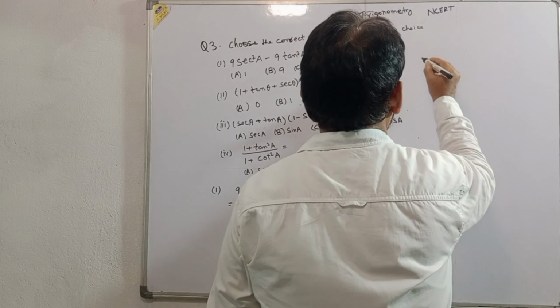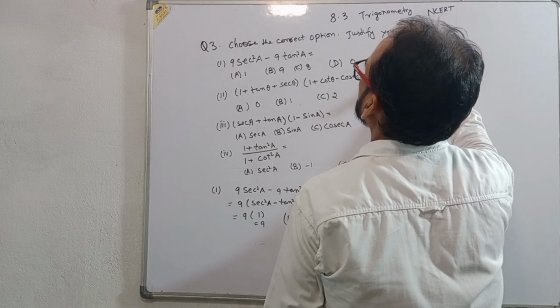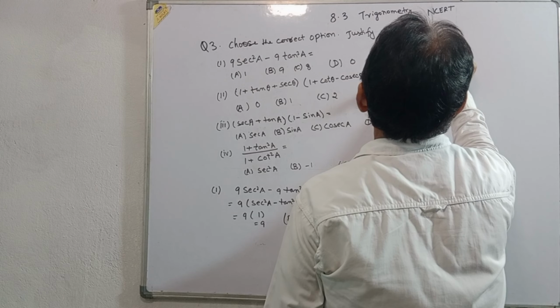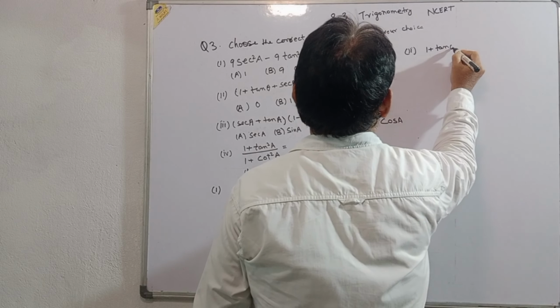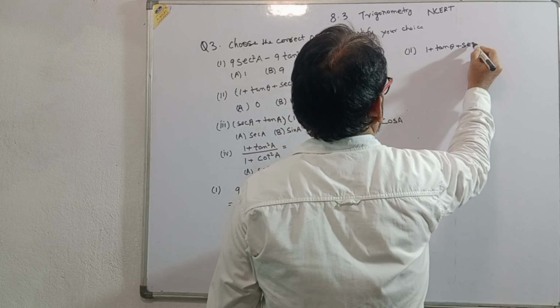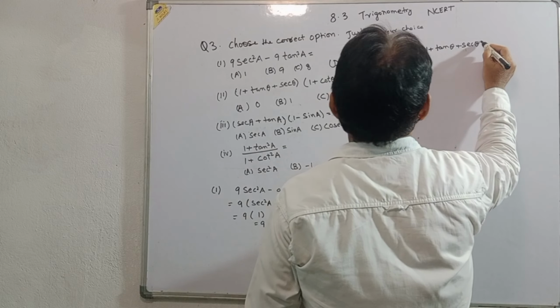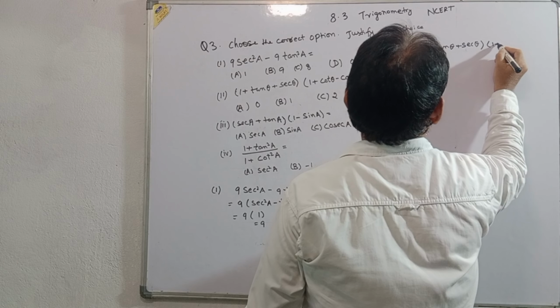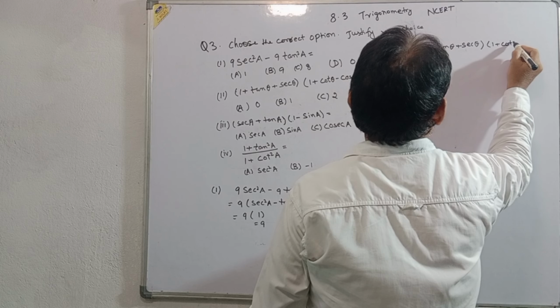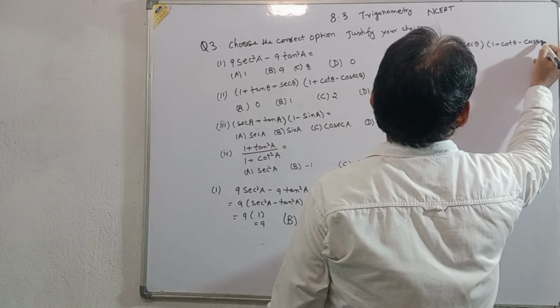Now solve this one. 1 plus tan theta plus sec theta, divided by 1 plus cot theta minus cosec theta.